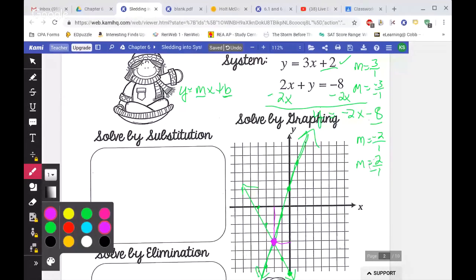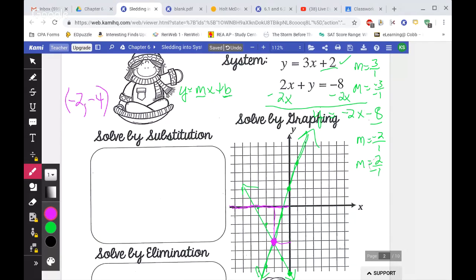I would go over 2 to the left, so that's negative 2, because this side of the x-axis is negative. And then I went down 1, 2, 3, 4. So the place where these two intersect is negative 2, 4. Do you want me to do the substitution on this one?